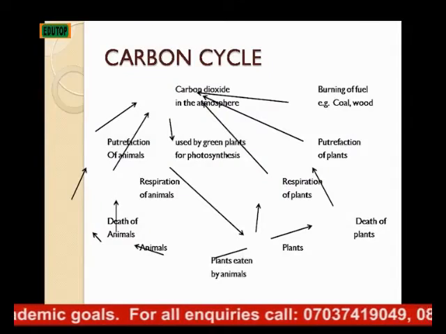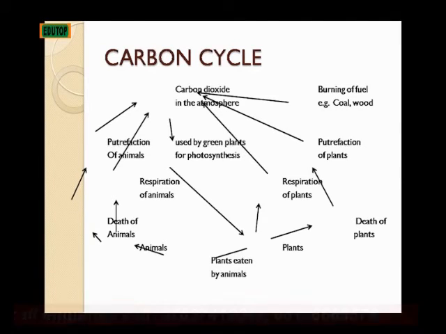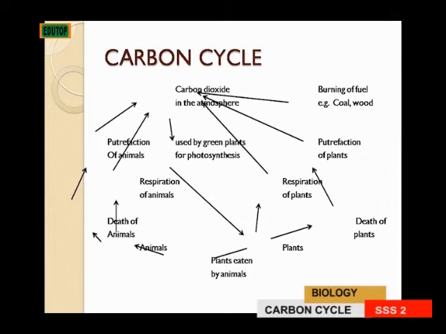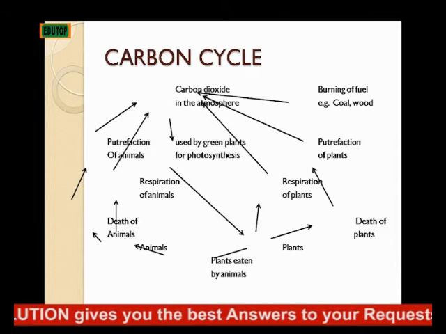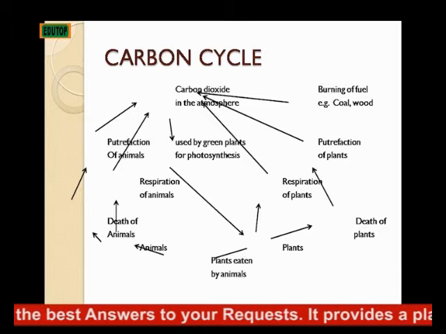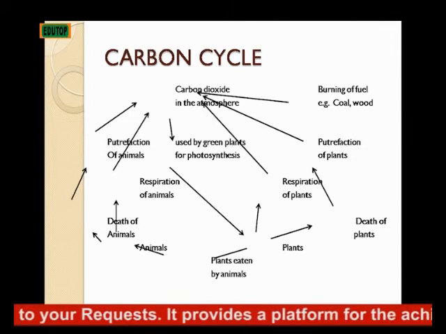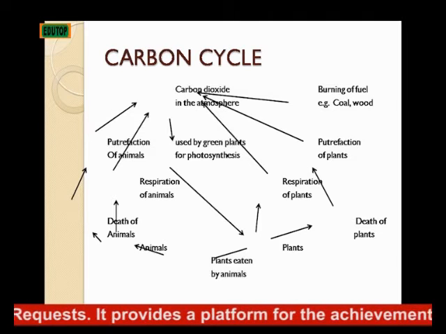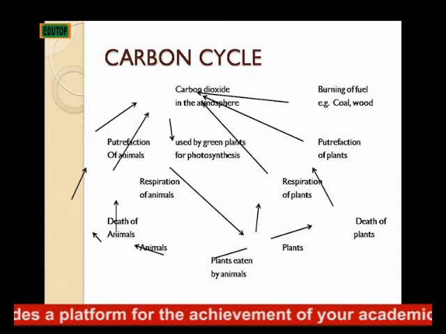So this is the diagrammatic illustration of what happens in the carbon cycle. So you have carbon dioxide in the atmosphere being used up by green plants for photosynthesis. Then you have putrefaction of animals, burning of fuel, coal and wood. You have putrefaction by plants. Respiration of plants will lead to carbon dioxide in the atmosphere.